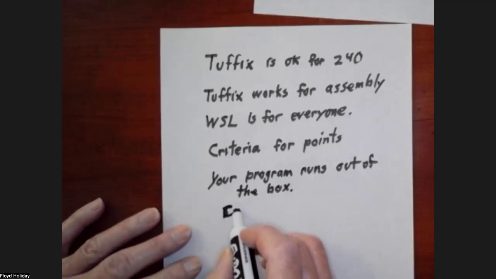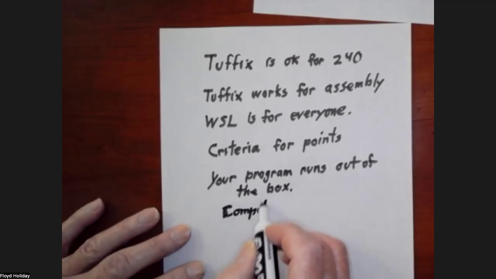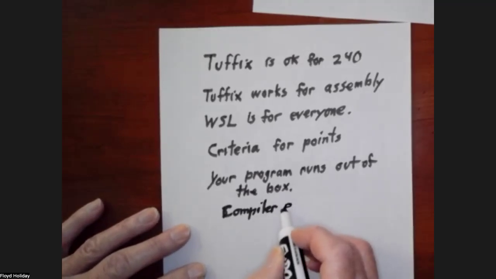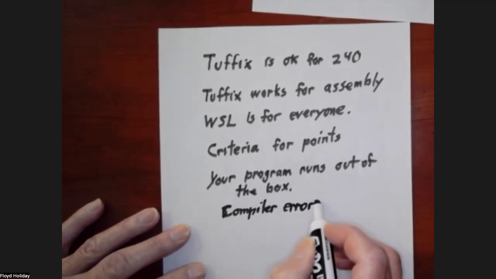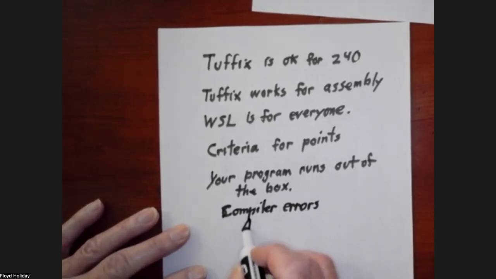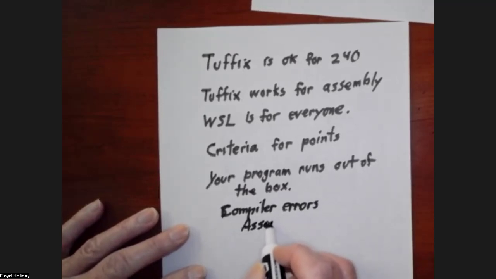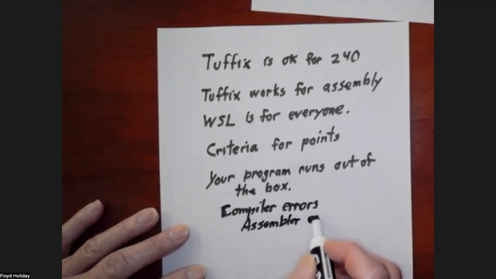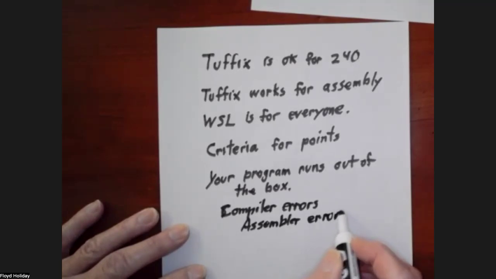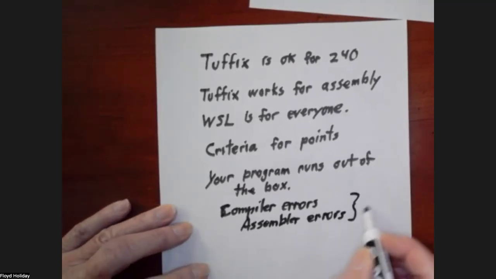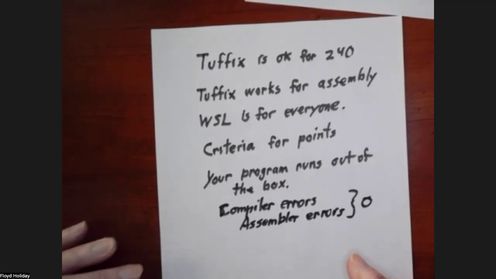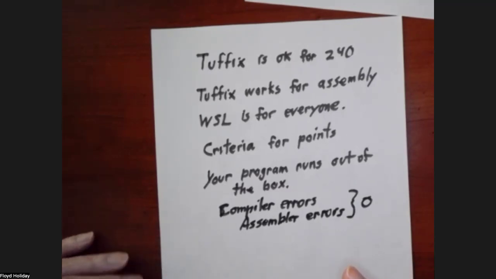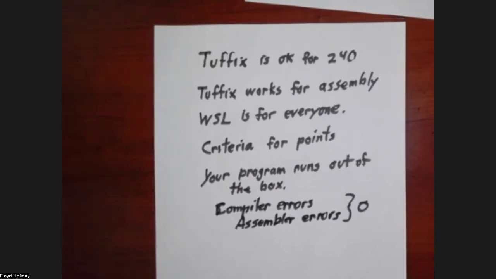Compiler errors or assembler errors say 0. I don't even have to read the source code or check anything. I often wonder, why did someone send me that? Because if you didn't send anything, you still get a 0 in that space in the grade file. But no, you really get a 0.